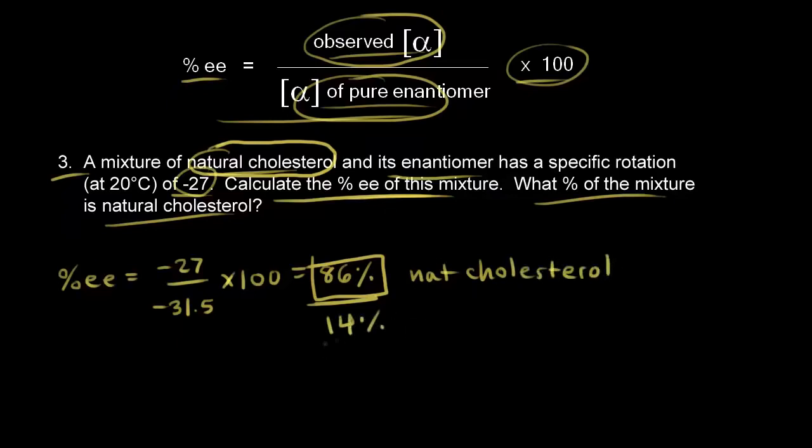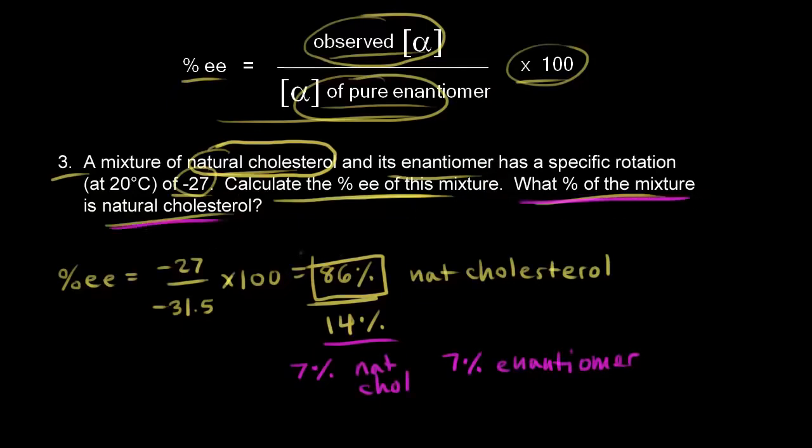If the remaining 14% is a racemic mixture, that means half of it is natural cholesterol and half of it is the enantiomer. So that means that 7% is our natural cholesterol and 7% is the enantiomer. So 7 plus 7 is, of course, equal to 14. So what's the total percentage of natural cholesterol in our mixture? That would be 86 plus 7, which of course is 93%.